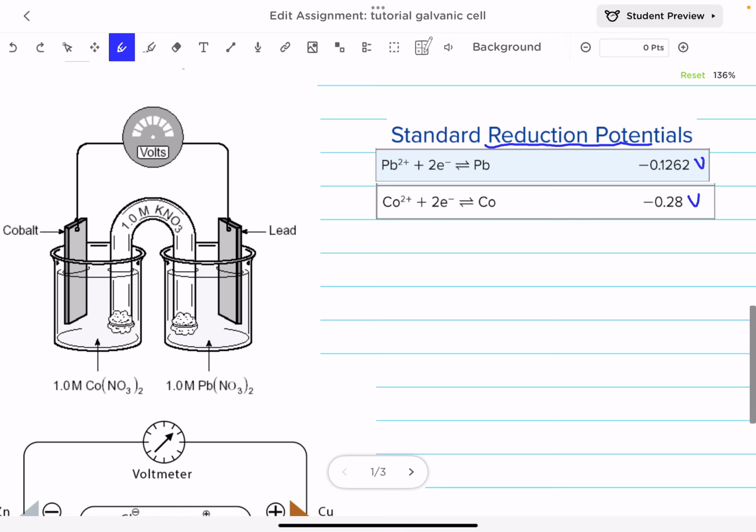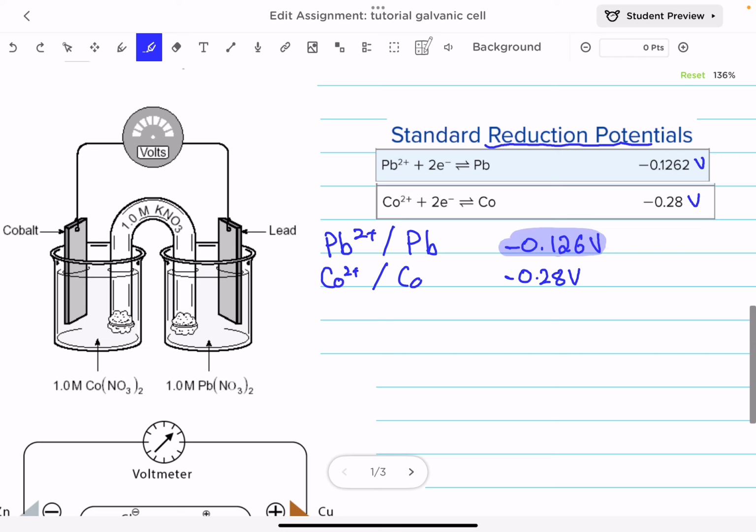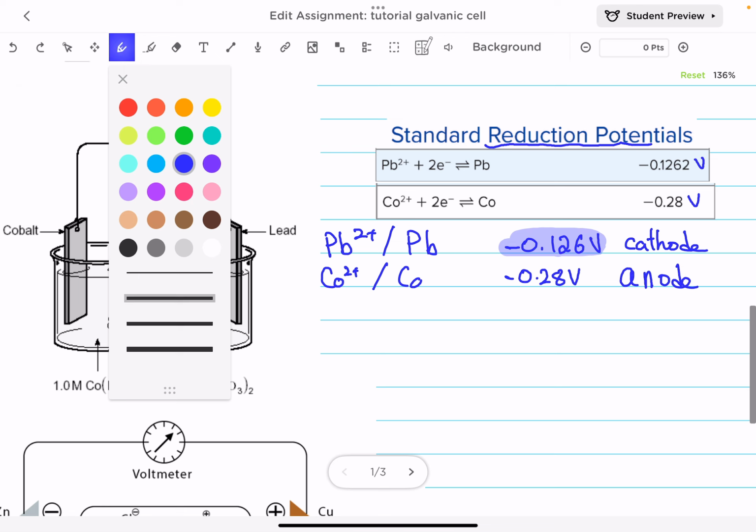So we look at the voltages of these two half cells. We have Pb2+ to Pb with a voltage of negative 0.12 volt, and cobalt2+ to cobalt negative 0.28 volt. The higher number is the one that requires less energy to occur. So this one is going to be at the cathode. And the one with the less voltage is going to be the anode.